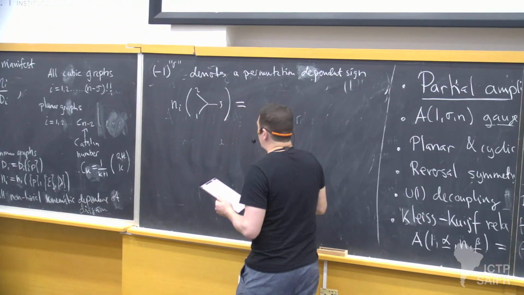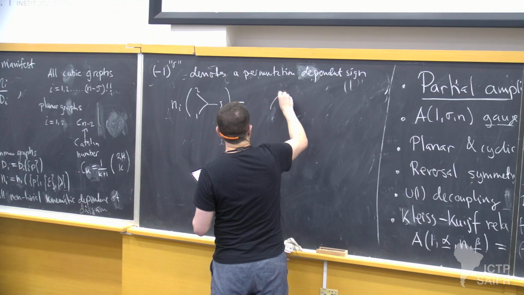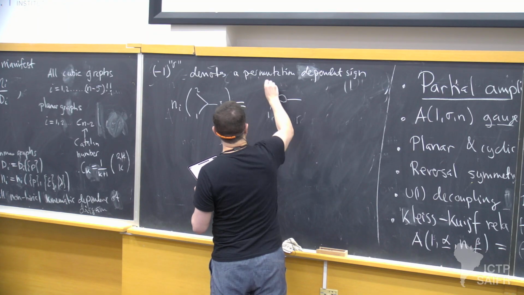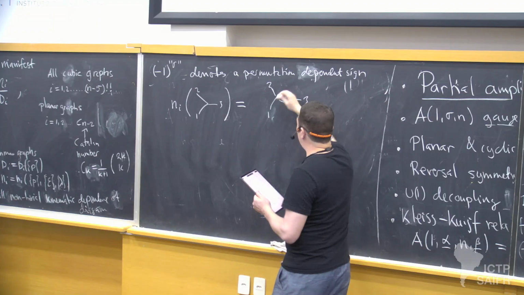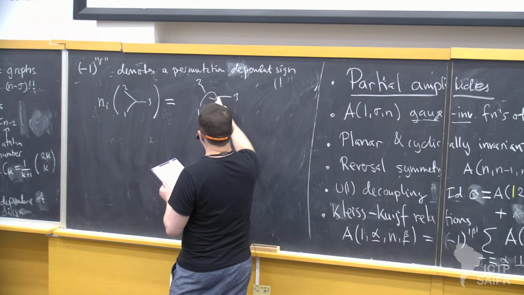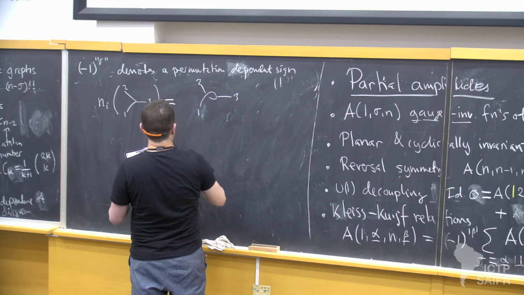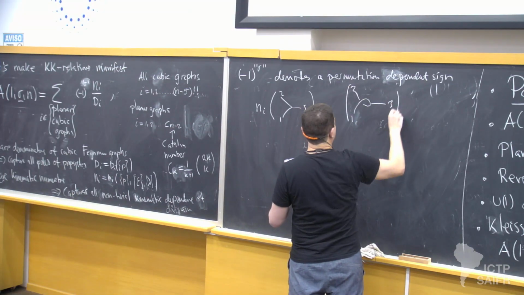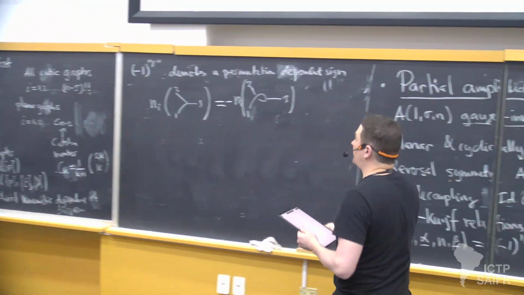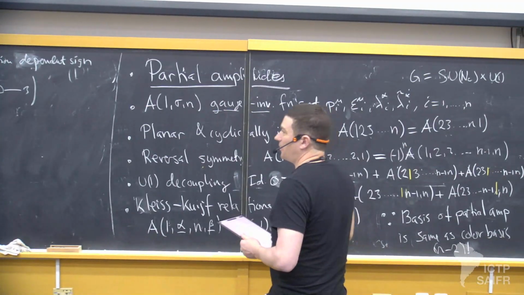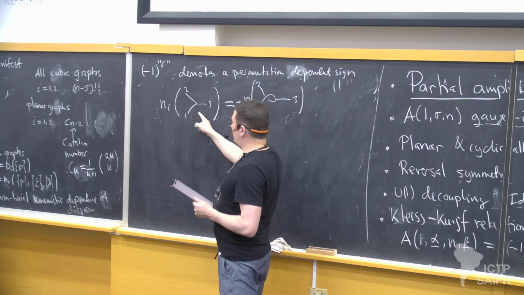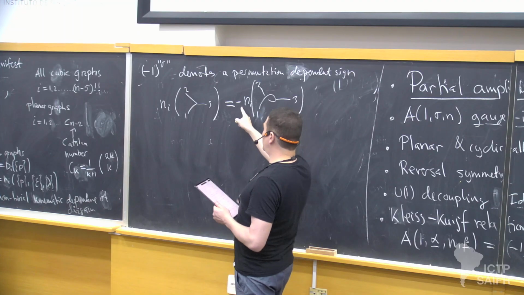And then the claim is that if I write down this graph, where I have permuted 1 and 2, so basically this is the same graph as that one, but I have permuted 1 and 2, which I did by folding the graph on top of itself, then this numerator is minus that numerator, right? So depending on how you draw your graphs, that could be a sign. I would say this is a planar graph, this is a non-planar one, but they're related, of course, with a minus sign.